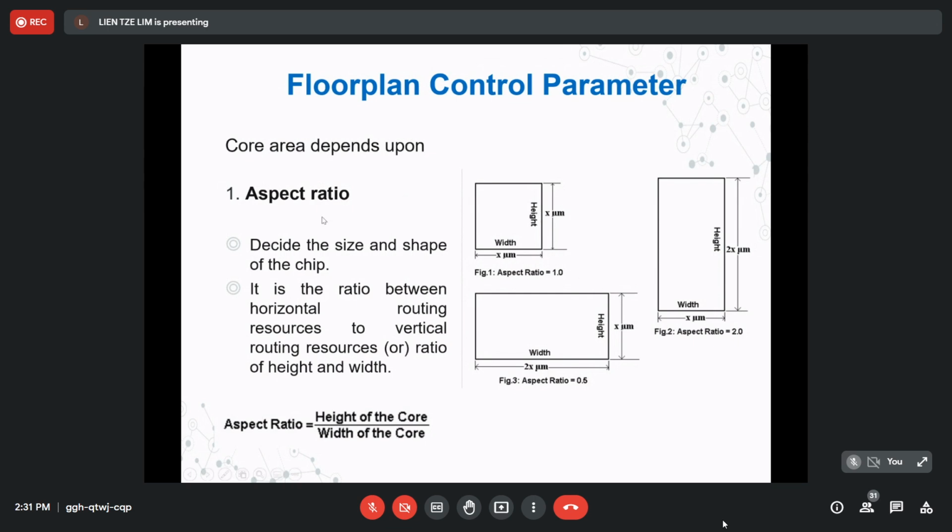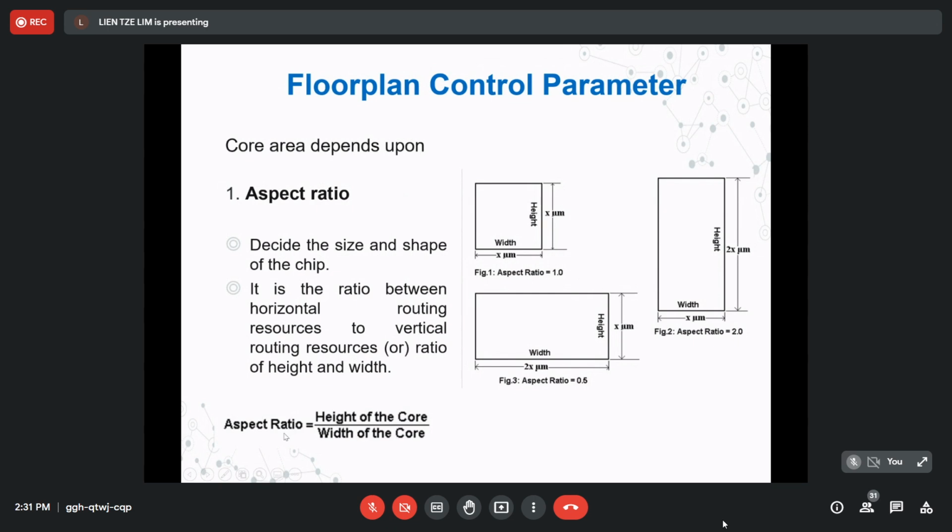It defines the size and shape of the chip. It is the ratio between horizontal routing resources and vertical routing resources, the ratio of height and width. I see on some websites the aspect ratio is height over width. Some mention it is width over height. I didn't have time to verify that.